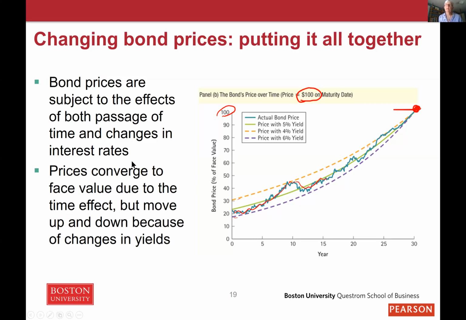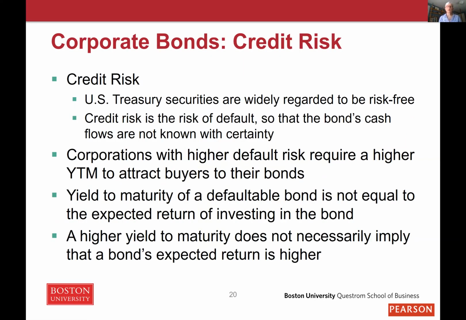So the last thing that we're doing today is talking about corporate bonds. We put this until the end because we want you to totally understand how bonds behave. But a significant part of the bond market is not risk-free bonds.